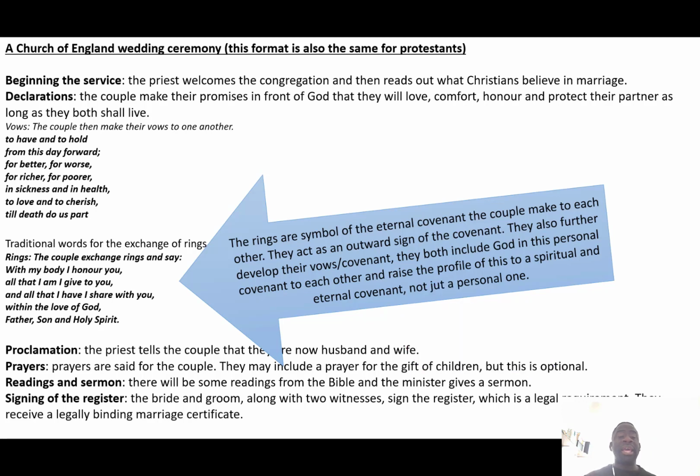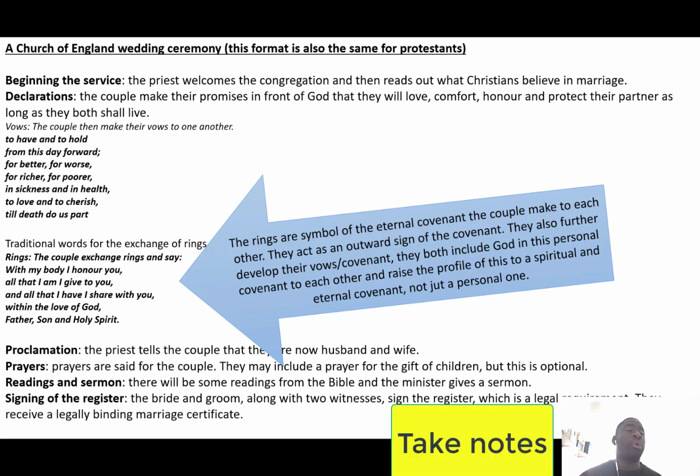Okay, so looking at this covenant, there is symbolism. You know, there is symbolism present at the ceremony to highlight the act of the covenant. And so the rings are the outward sign that a covenant has been made. And traditionally, if somebody made a covenant with someone, they would have to spill blood.